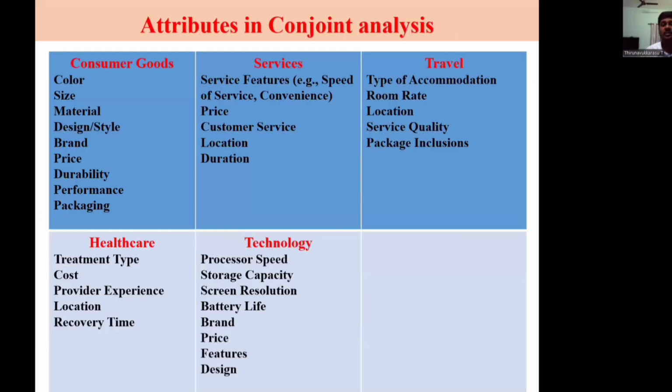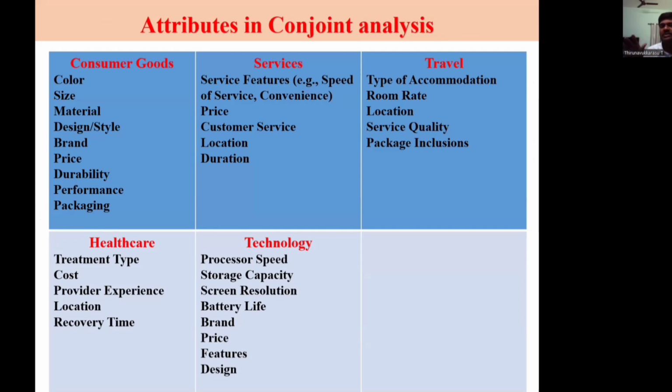Some of the examples I have described here are for different industries. For example, consumer goods, service industries, travel, technology, healthcare, or other sectors. Service is common, inclusive of travel and healthcare.